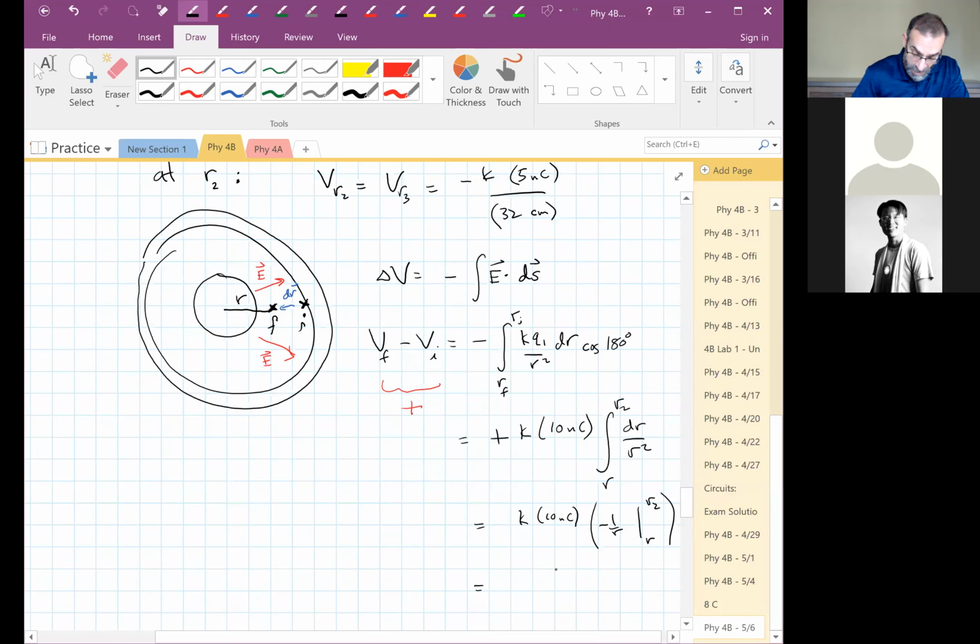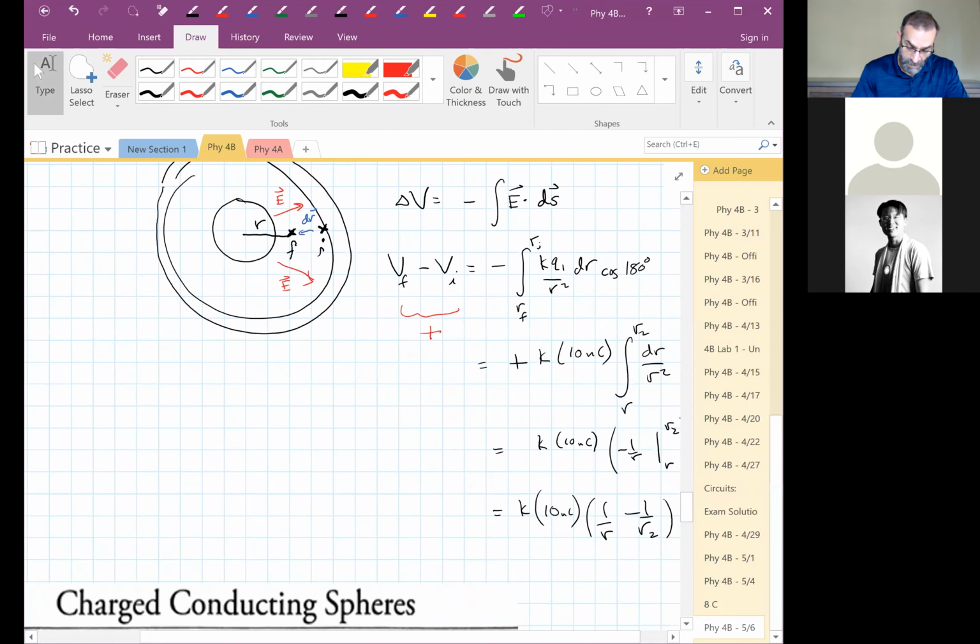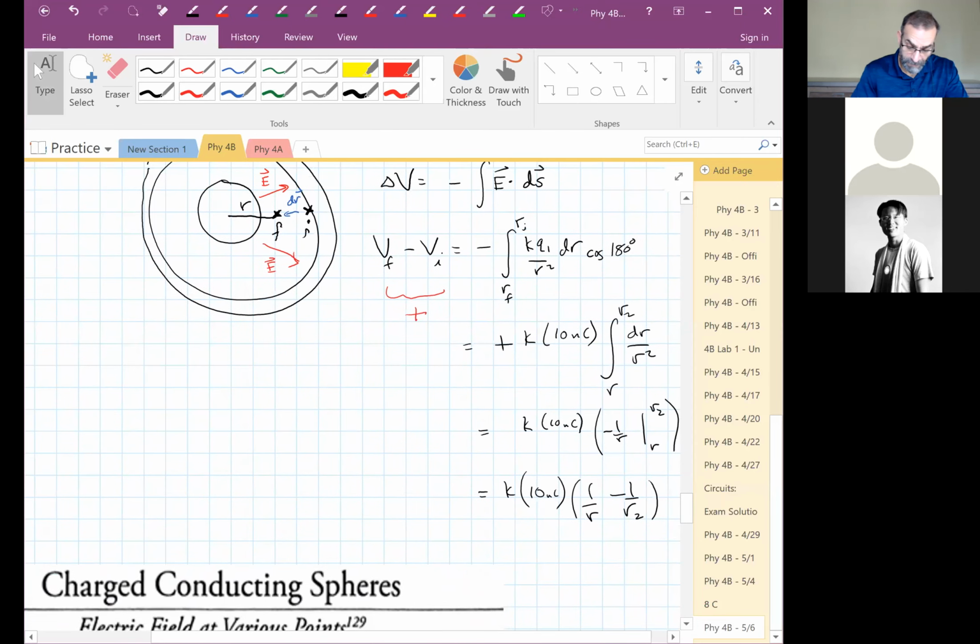This gives me minus 1 over r2 plus 1 over r. And r2 is bigger than r, so 1 over r2 is smaller, so this is positive. That means the whole thing is positive.